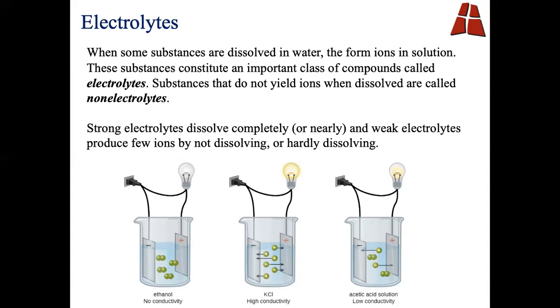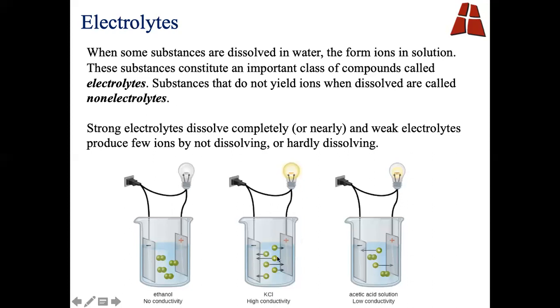Okay. For example, we have ethanol, which is a covalent compound that does not dissociate really at all when it's dissolved in water, so we would call that a non-electrolyte. We have potassium chloride, a classic ionic compound that will fully dissociate, and so that is an electrolyte.